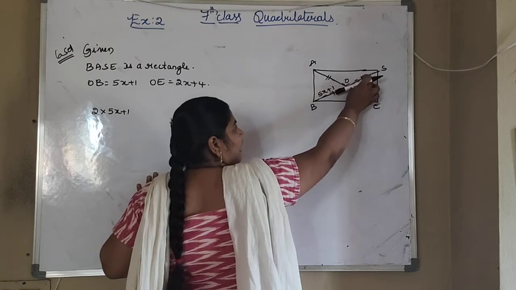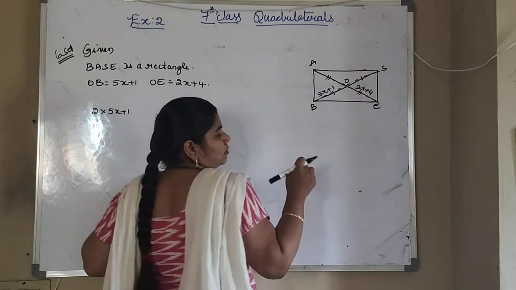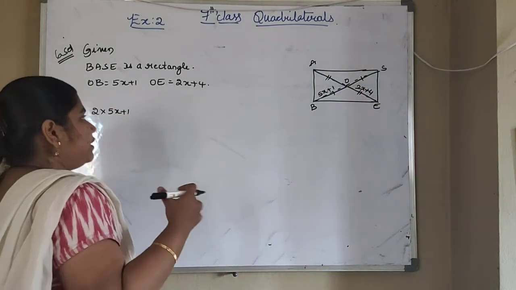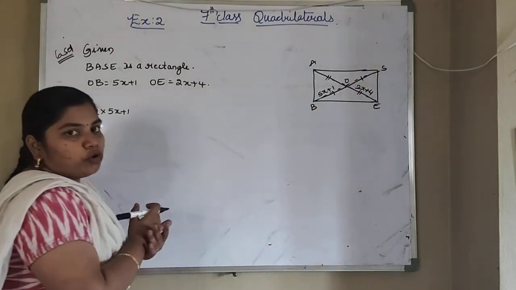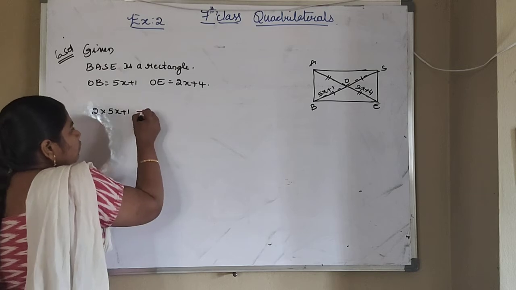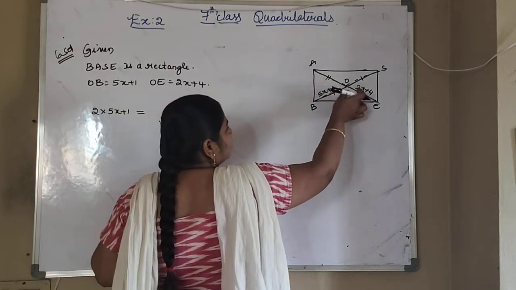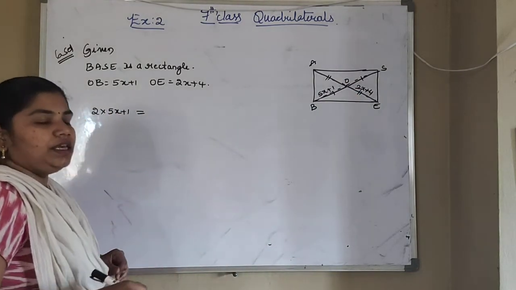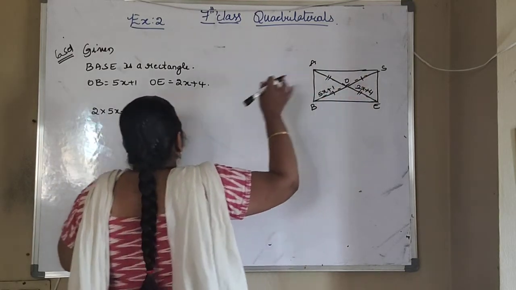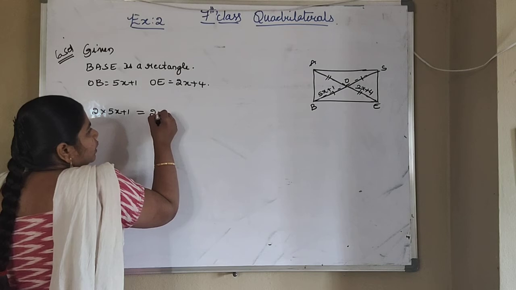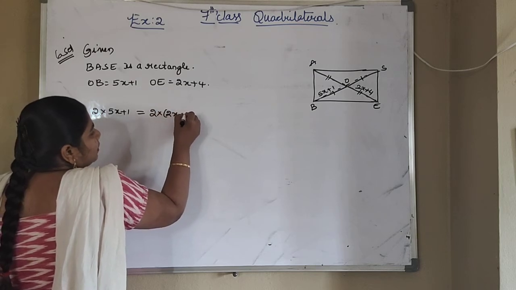If you want, you can add both 5x plus 1 values, but I am multiplying with 2 because it has been divided into 2 parts. Okay, and also we know that the length of the diagonals will always be equal. So the length of this will be equal to the length of this. So I am equating here 2 into 2x plus 4.